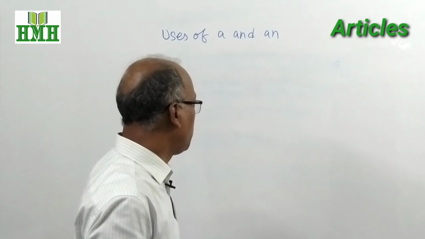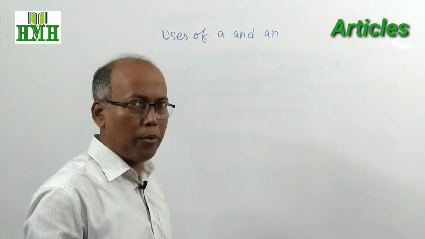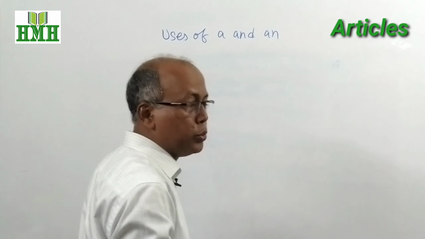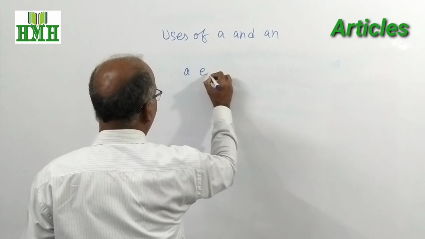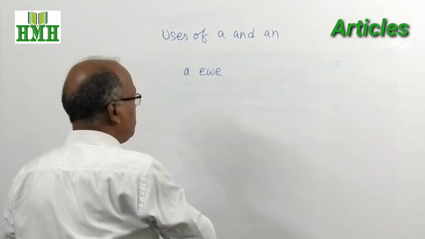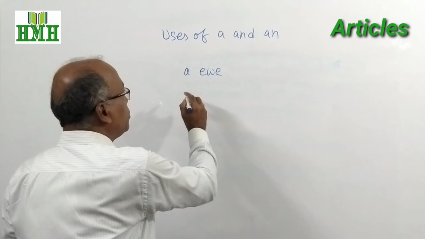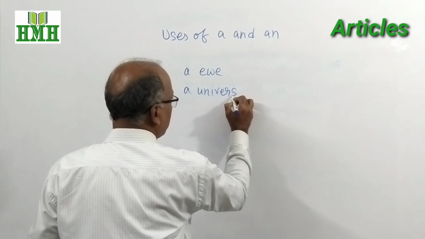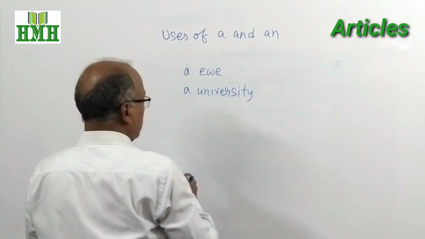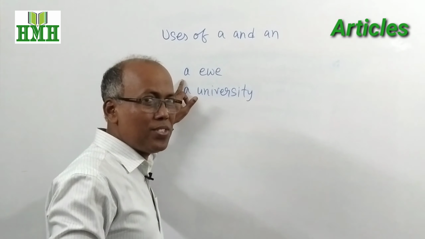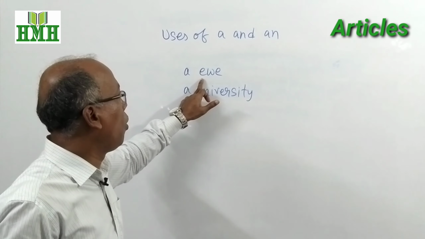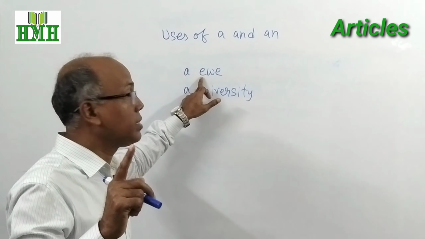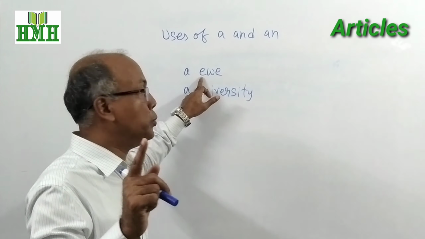A is used before a vowel which is pronounced like U. Suppose a university. Here we shall use a, although we have the vowel U here, but it is pronounced like yoo.